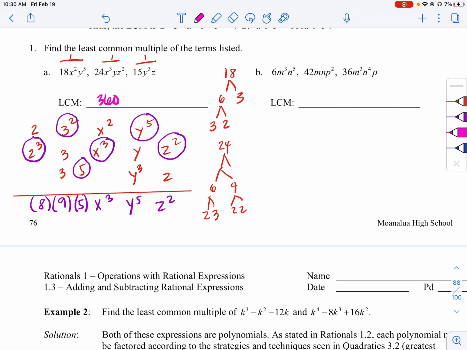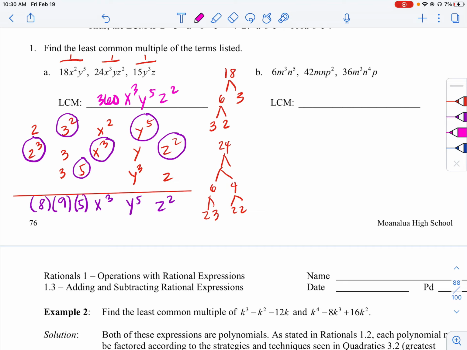So all you have to do is multiply all the numbers that you have at the bottom, and then I have x cubed, y to the fifth, and z squared. And this is our least common multiple. I know it's a lot of process. Let's start with the other example.